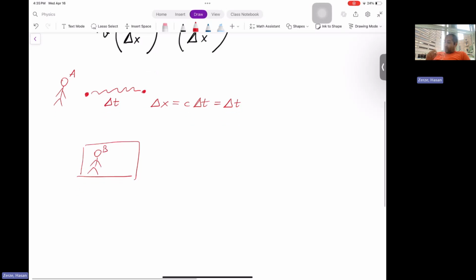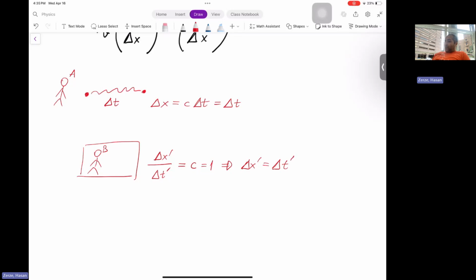The observer B will see exactly the same speed of light, meaning that delta x prime and delta t prime, although not necessarily equal to delta x and delta t, the ratio between the two will be the speed of light again, because it's going to see the light the same way as the observer A is seeing. So this is going to be c, which is equal to 1, meaning that delta x prime equals delta t prime.